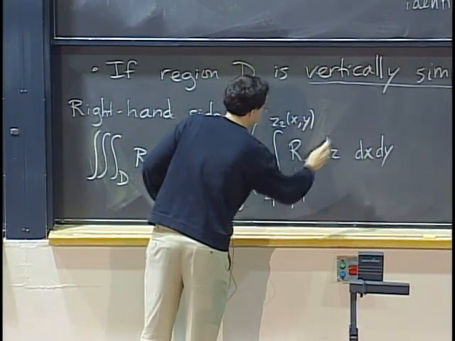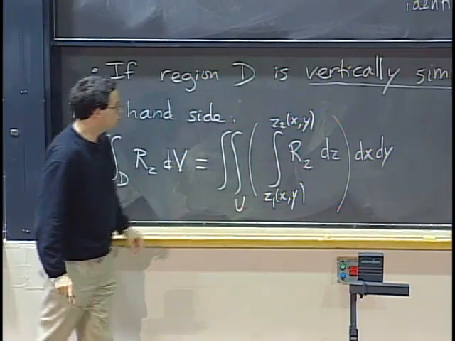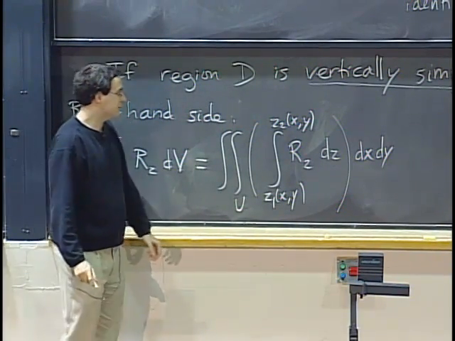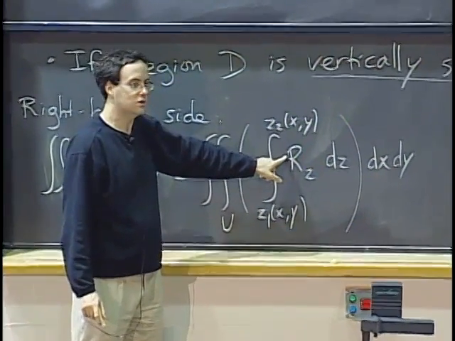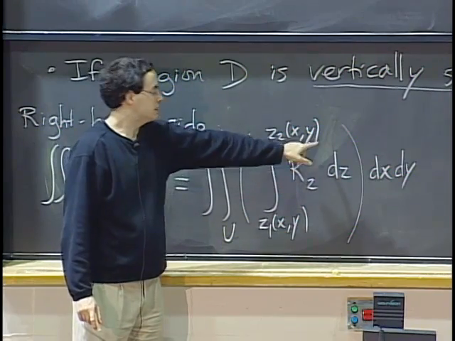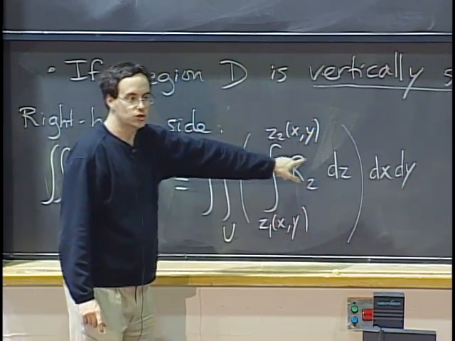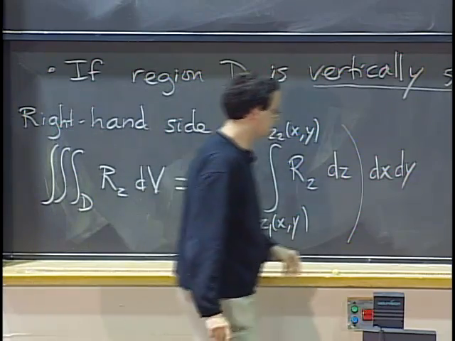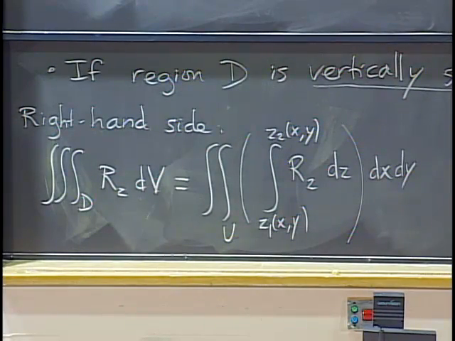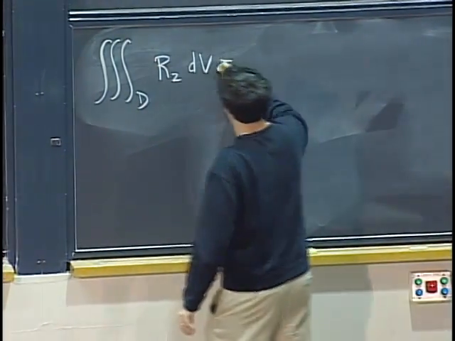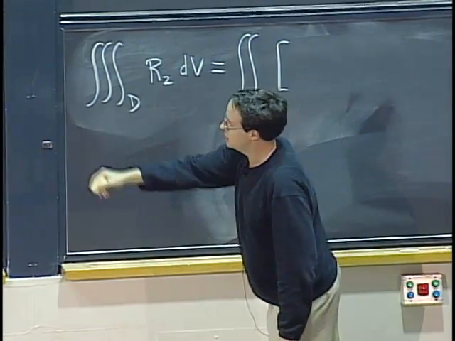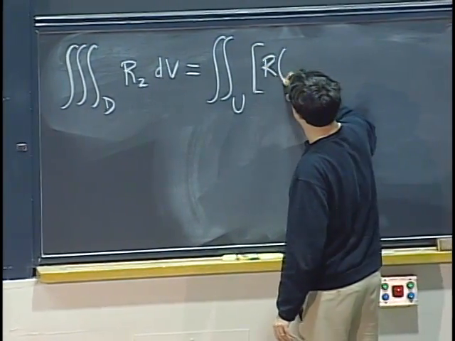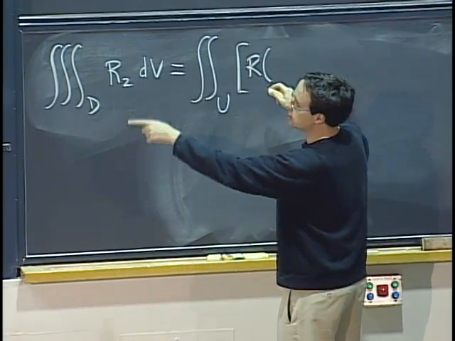Now, if you look at how you would start evaluating this, the inner integral certainly is not scary, because you're integrating the derivative of R with respect to z, integrating that with respect to z. So you should get R back. So the triple integral over D of Rz dV becomes a double integral over U of the inner integral, which becomes R at the point on the top.